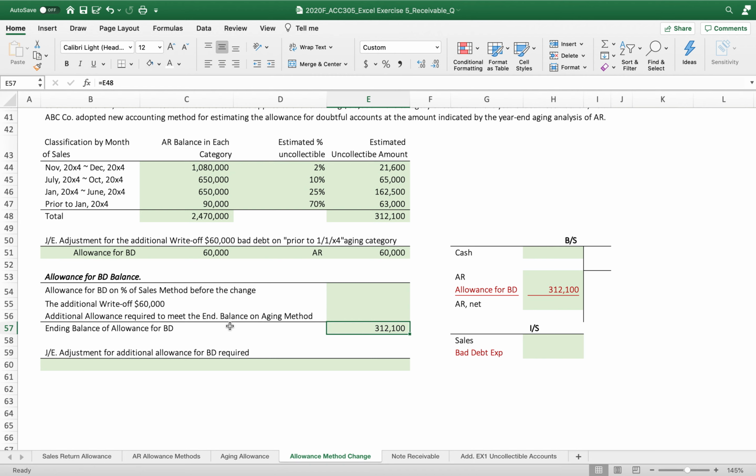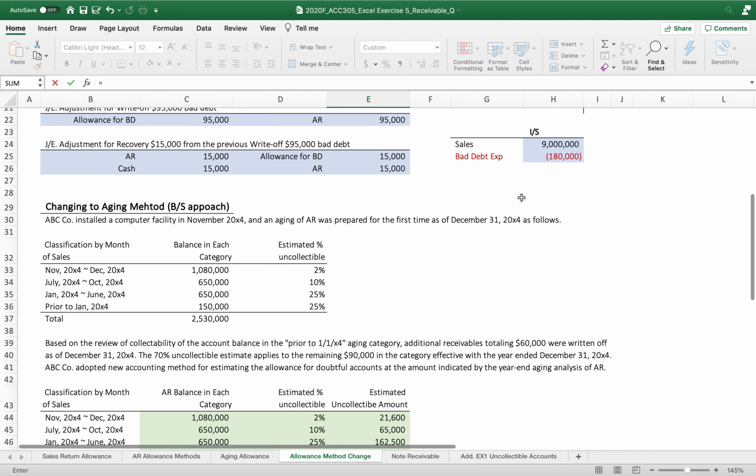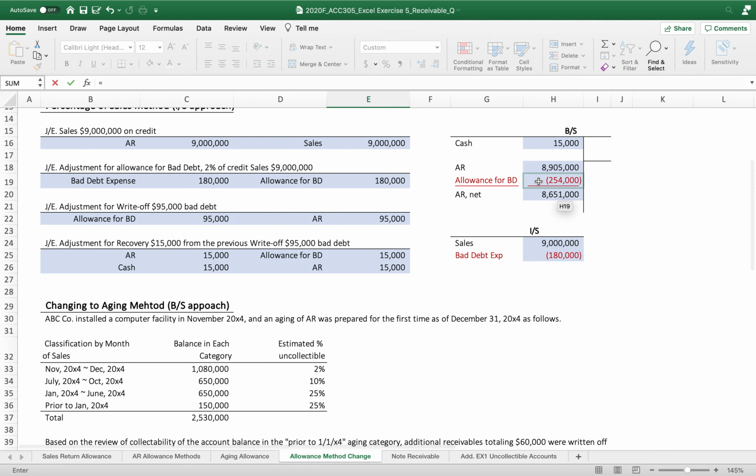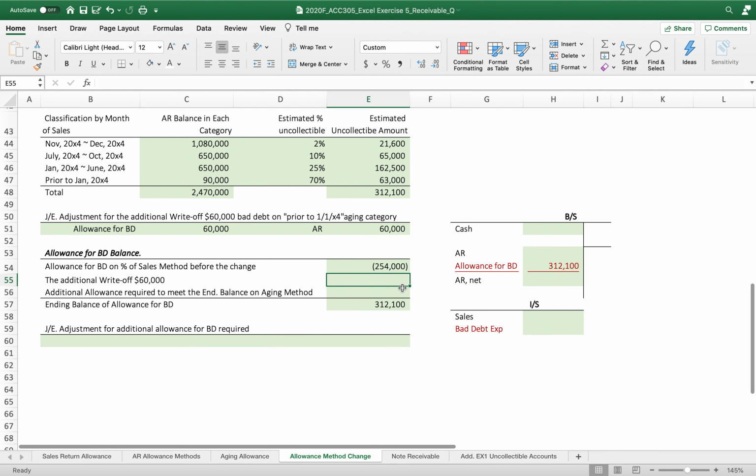But what we need is to get this additional allowance required to meet the ending balance. How much allowance for bad debt of that year we need to record. So in order to do so, allowance for bad debt on a percentage of sales method before the change, we have had 254,000. That was what we have had.